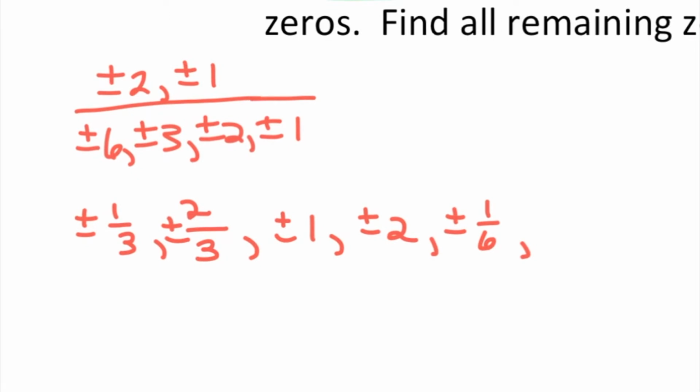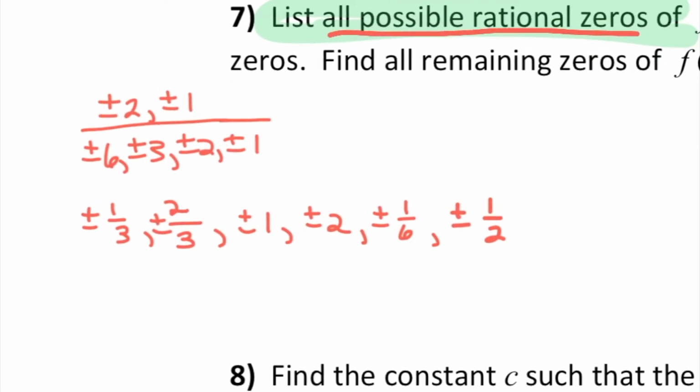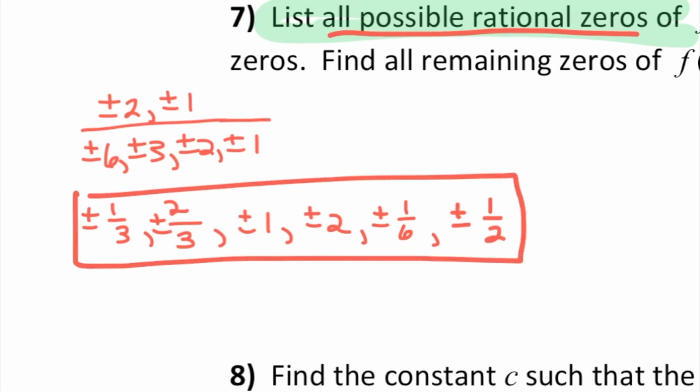I already have 1 over 3, plus or minus 1 over 2, and then 1 over 1, I already have 1 over 1. So these are all the possible rational zeros, but then you want to look at the graph of the function to decide which ones are actually rational.